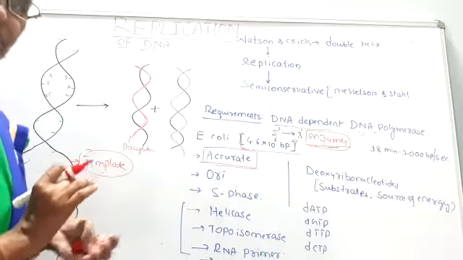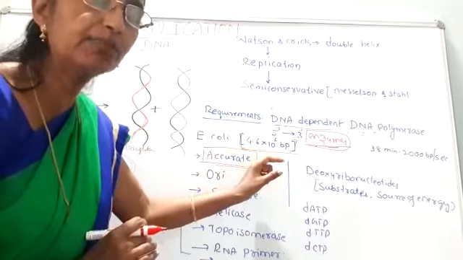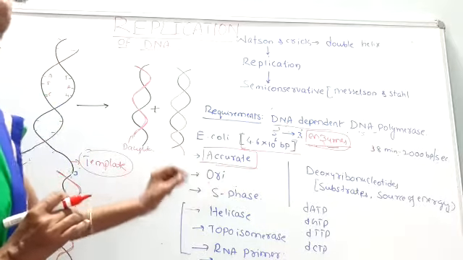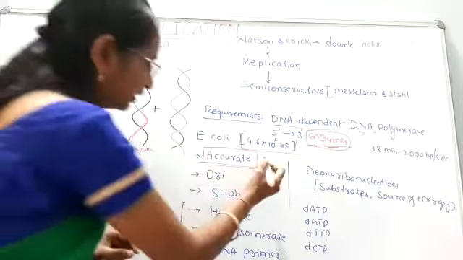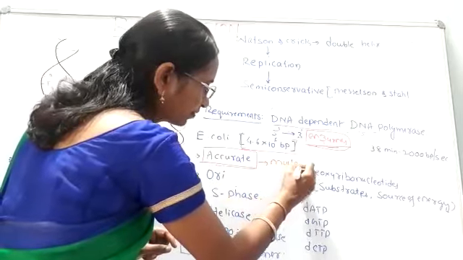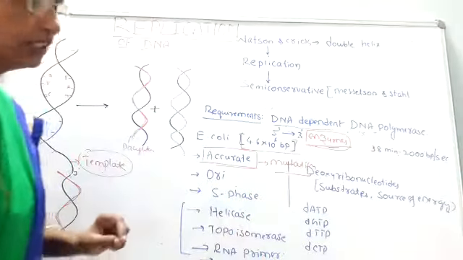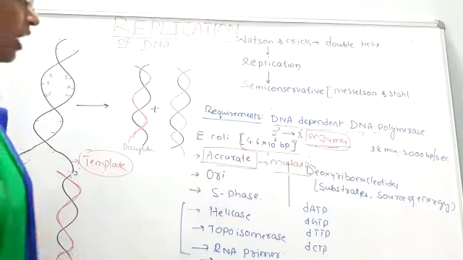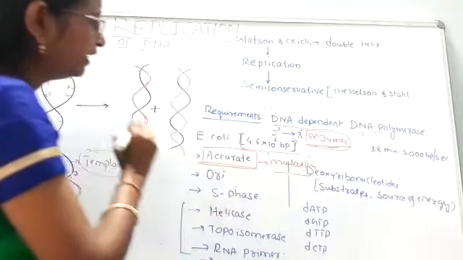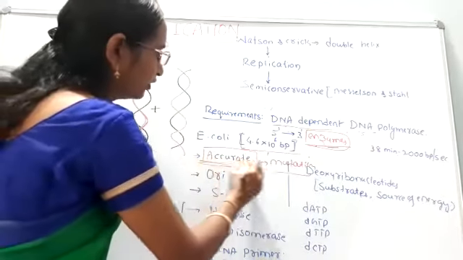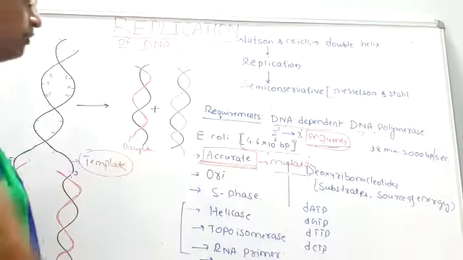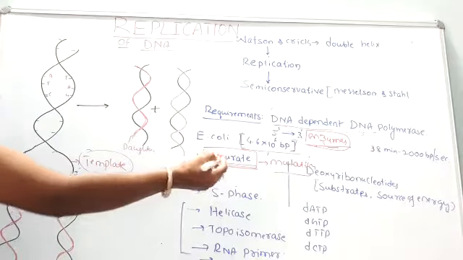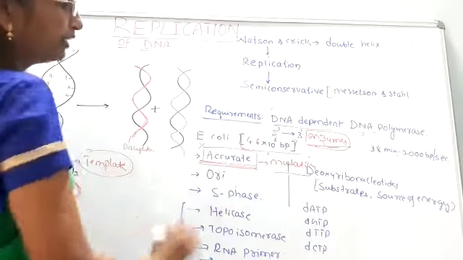If any error occurs during replication, that leads to mutation. Hence replication must be carried out in a correct method, and this accuracy is maintained by this enzyme also.